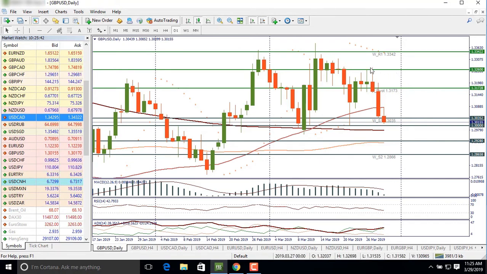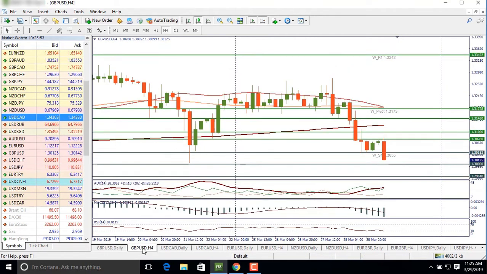If we look at indicators, parabolic SAR shows the downward movement for the pair, and ADX shows that bears are gaining strength. Now let's consider the 4-hour chart.